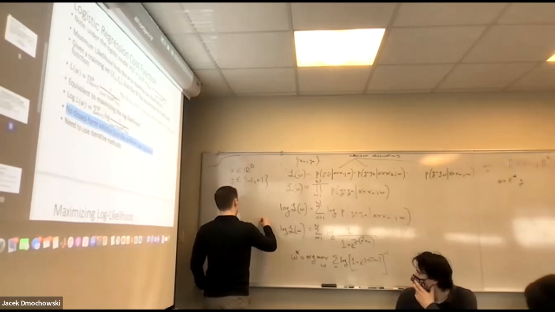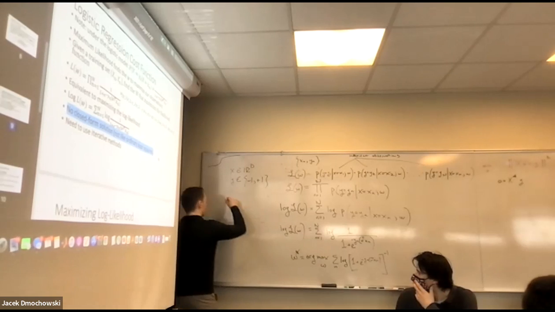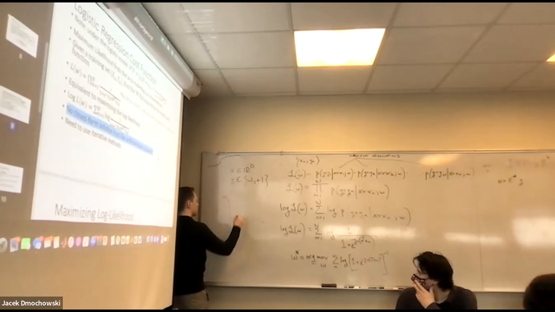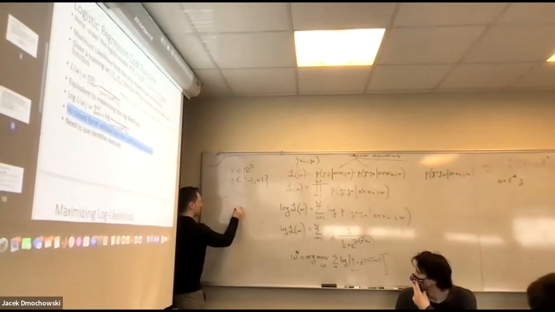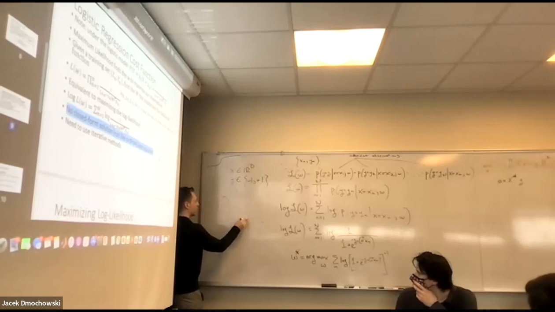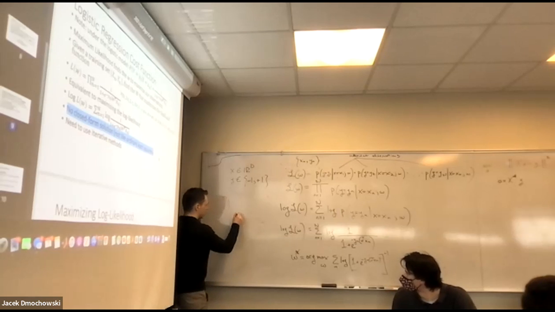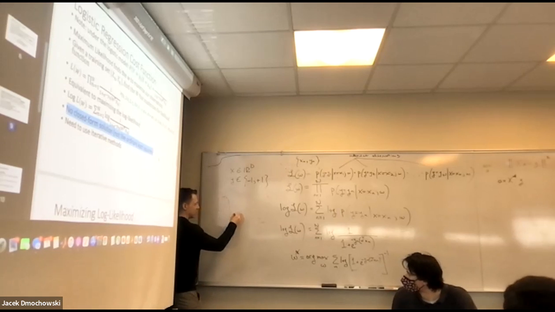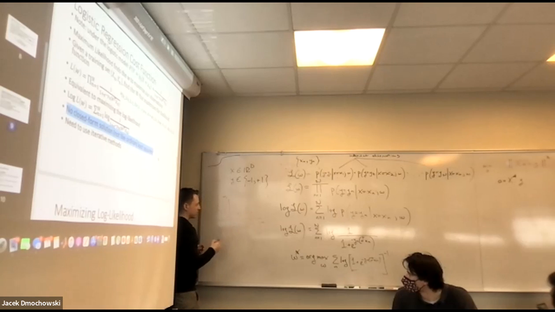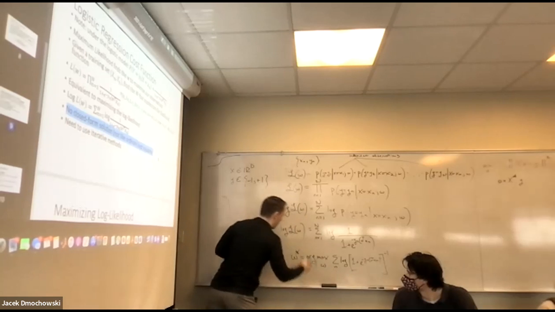So let's say your D is just 2 and you have W1 and W2. You have some contours of your maximum likelihood function. This is the solution you're trying to get to, and it's the top of the hill. This is a maximization problem, so you're climbing a hill.